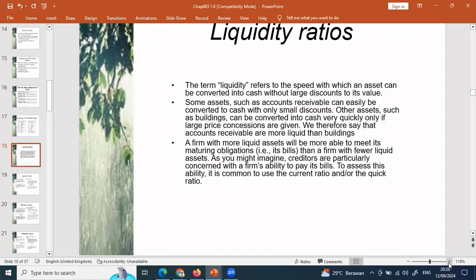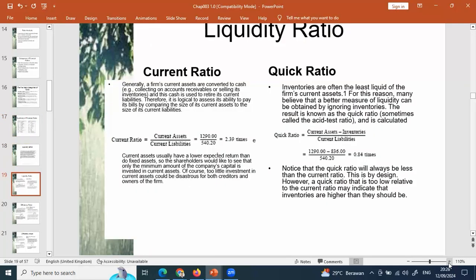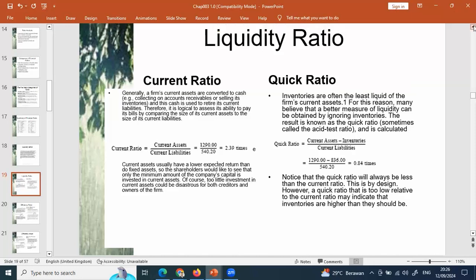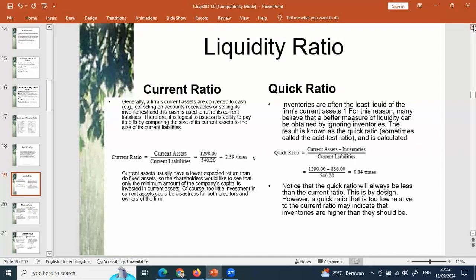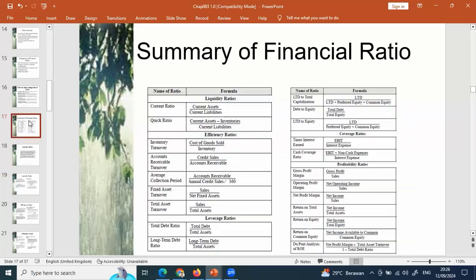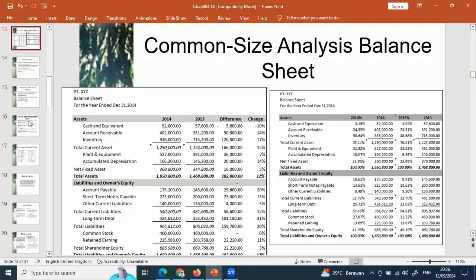Let's see an example like this. This one is liquidity ratio. The current ratio is the current asset divided by current liabilities. Current asset is 1290, liability 540. Where do we get the numbers from? From here.